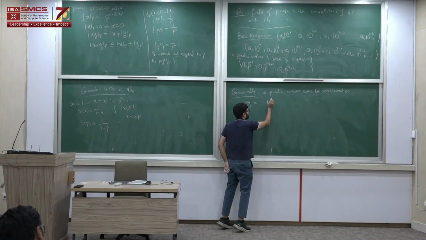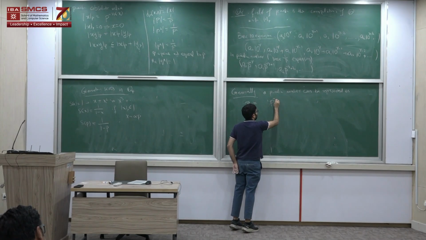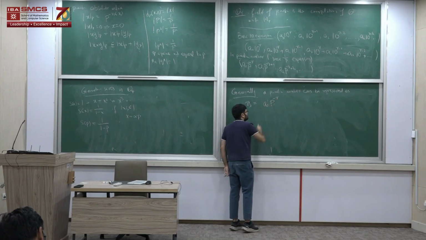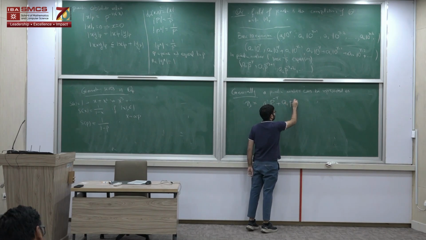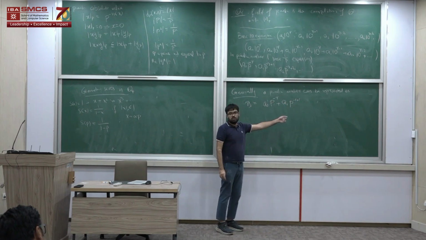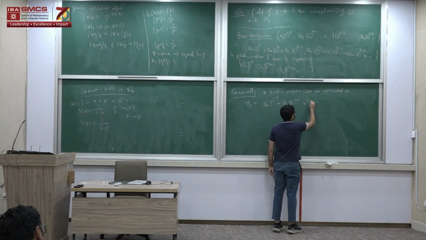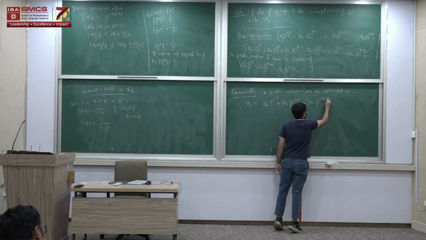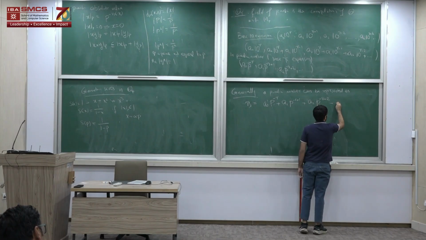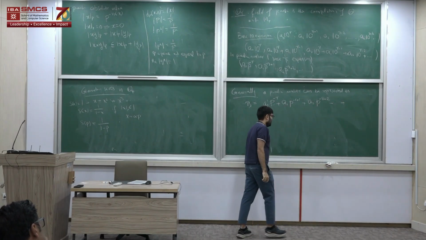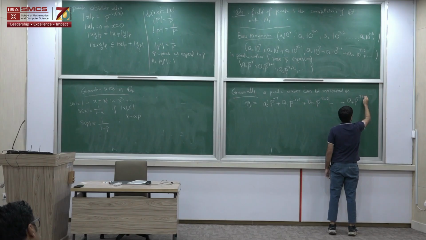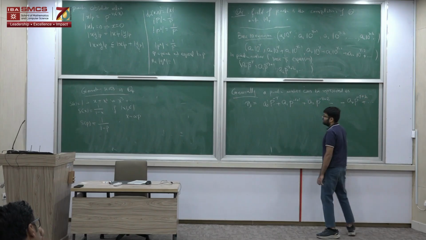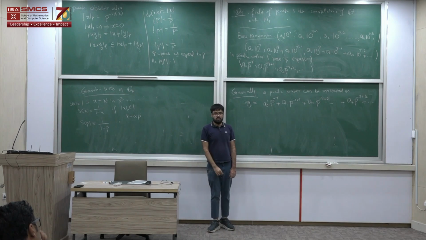So p to the minus r, and then there is a0, plus a1 times p to the minus r plus 1, where I increase the power of p because I want to get closer to 0, and a2 p to the minus r plus 2, plus so on, and ak p to the minus r plus k, plus so on, and this series can continue.